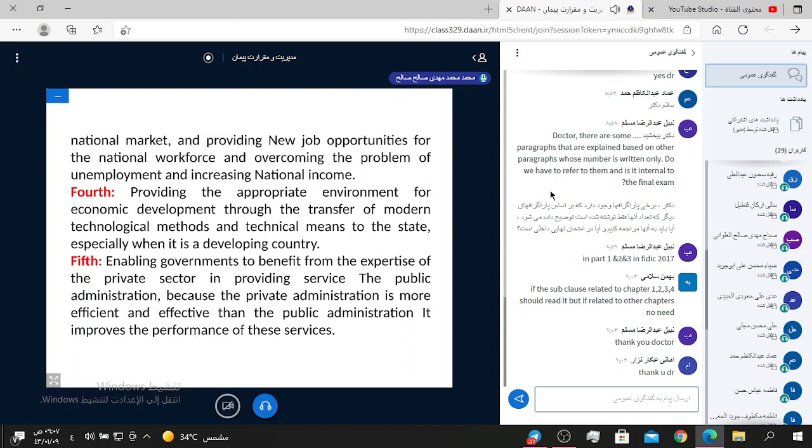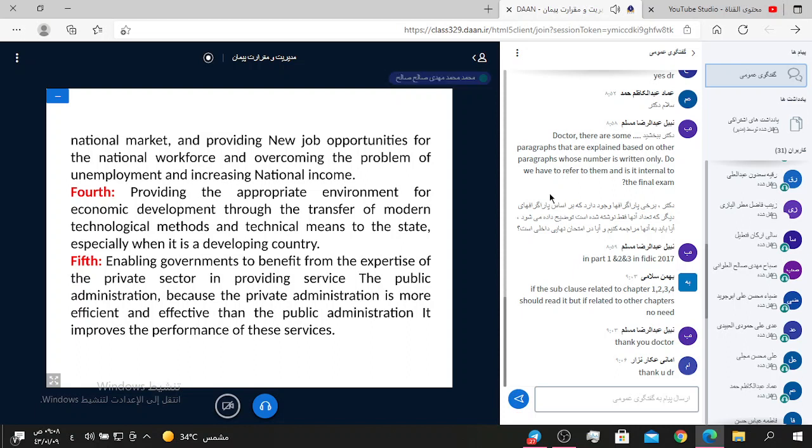Fifth, enabling government to benefit from the skills of the private sector in providing service to the public administration, because the private administration is more advanced and effective than the public administration. It improves the performance of these services.